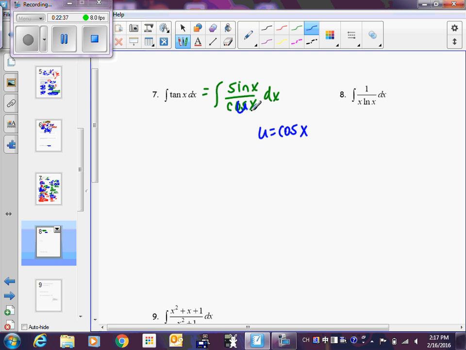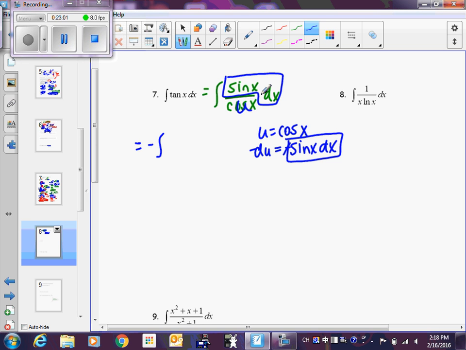You got to let u be the denominator because your du, which is negative sine x dx, the negative we can get rid of easily. We can just move it to the front. Okay, but when you look at what's left over here, it only really works if what you have is in the numerator.